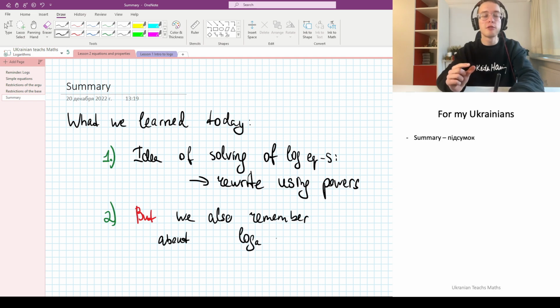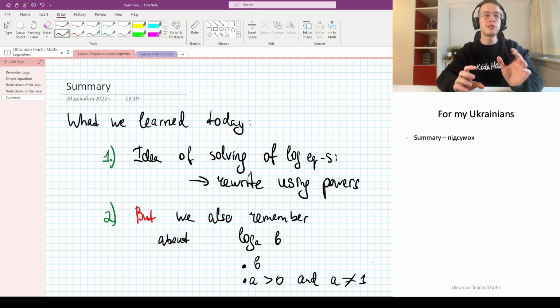So if I have log to base a of b, I have to remember about certain restrictions, and these restrictions are that the base number, so the a number, should be positive, it should be greater than 0, and it should not be equal to 1. Otherwise, the logarithm is not going to make any sense. The same goes with the b, with the argument of the log. However, here we just have that the b should be positive.